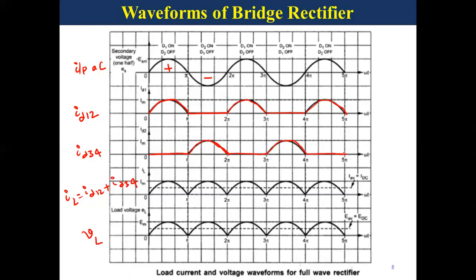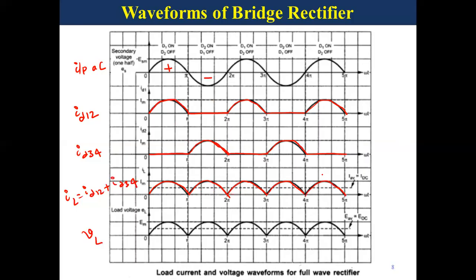Now, if you want the load current for one complete cycle, then add ID1,2 and ID3,4. So in IL, we are getting all positive half cycles. If you add these two, we are getting a positive half cycle. If you add these two, we are getting a positive half cycle. So all are positive half cycles, meaning the negative half cycle is converted to positive.